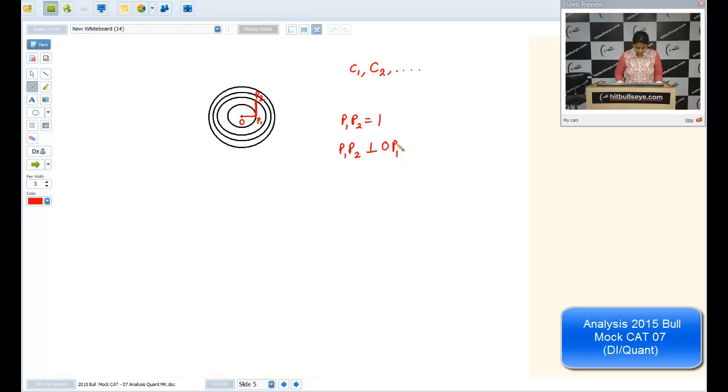See, now we want to calculate the areas between these circles. What is the area formula? It will be pi r square, pi into radius square. So we will find the radius of every circle. I'm taking C1's radius as r. So what will be C2's radius?